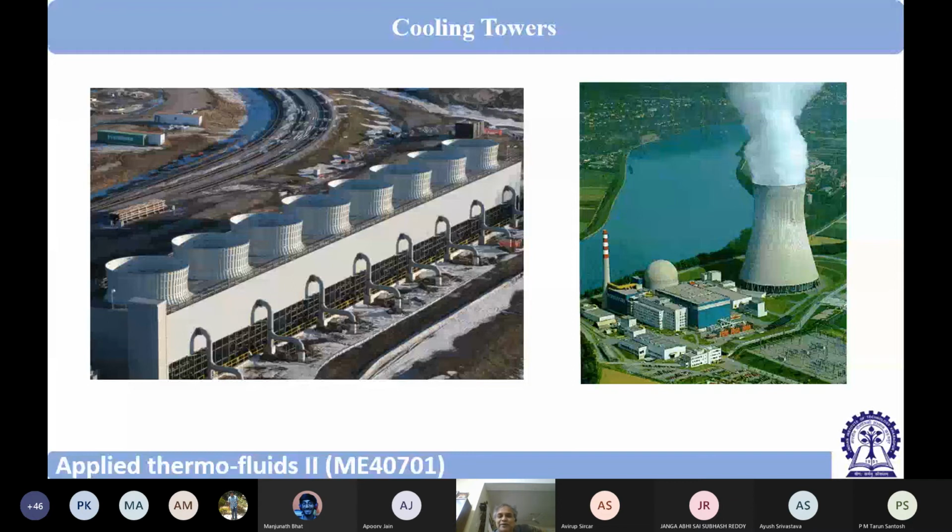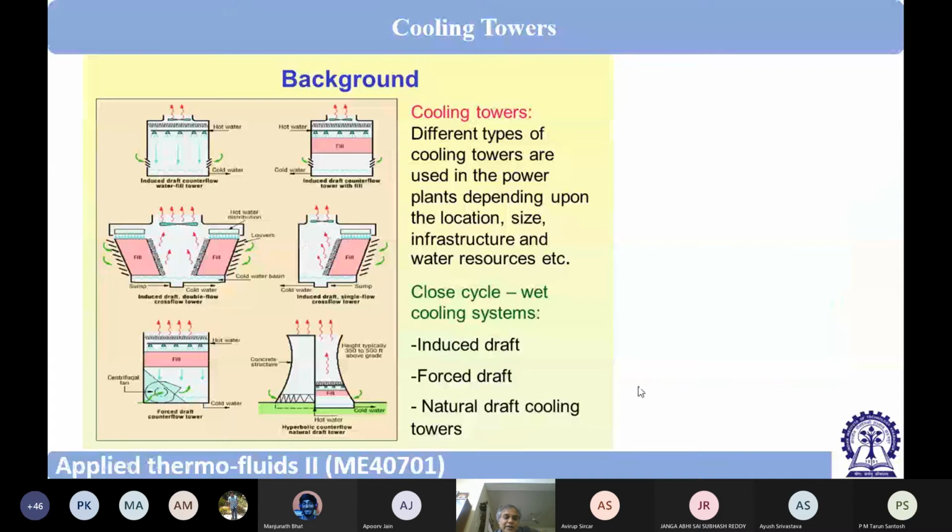A natural draft cooling tower, if you see, has some sort of venturi kind of shape. From the outside, it looks like a venturi. There is a converging section and a diverging section.